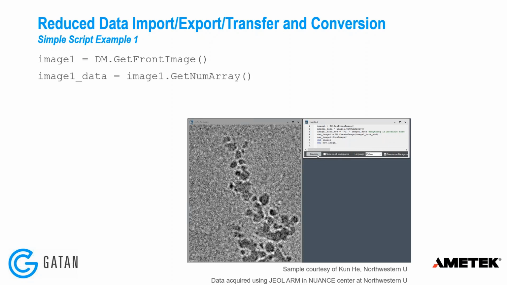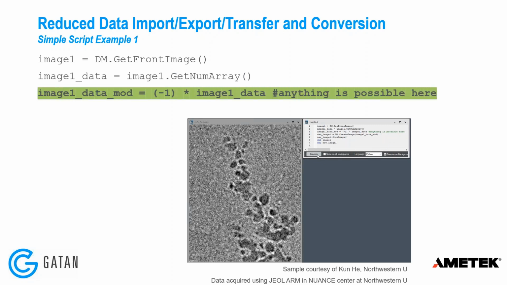Then from that image, I'm going to get a NumPy array. So with just these two commands, now I have a NumPy array that has all the data that's in this image in GMS. So that was really easy. And now I can go on and do whatever type of processing I want to do.